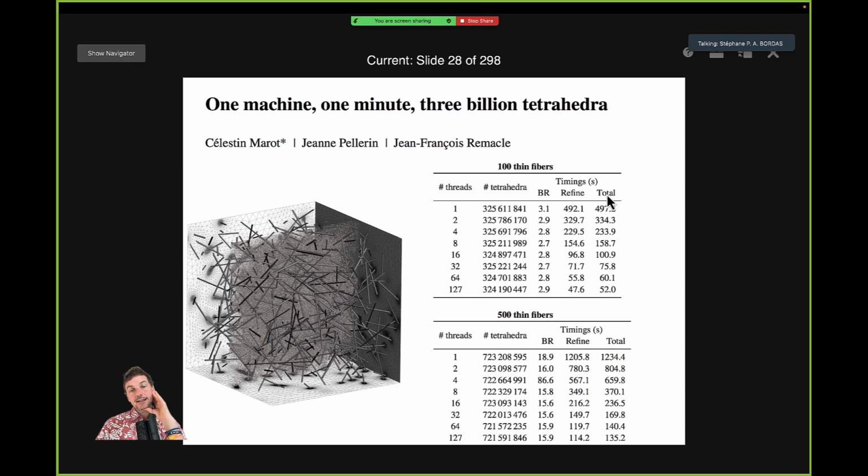Now, you could say, oh yes, but with multi-scale problem things don't work so easily because we have very thin structures that need to be meshed, and this is very difficult. Well, yes, it's difficult, but it's done. One machine, 1 minute, 3 billion tetrahedra. Look at this. You see in 114 seconds, in 35 seconds, you have a total of almost 1 billion tetrahedra here. 721 million elements.